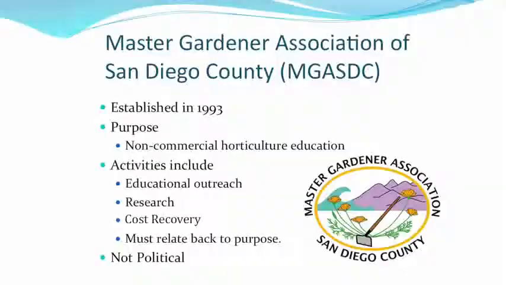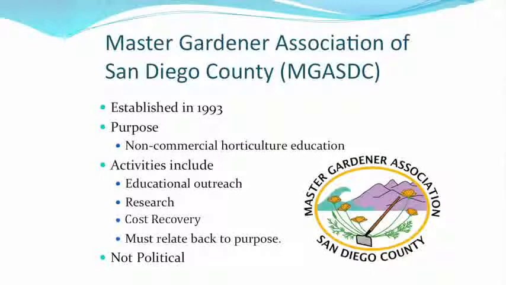Now, the Master Gardener Association of San Diego County, as I said, was established in 1993 as a 501c3. Our purpose is non-commercial horticulture education. The activities that we do include educational outreach, research, and cost recovery. We don't do fundraising, we do cost recovery.